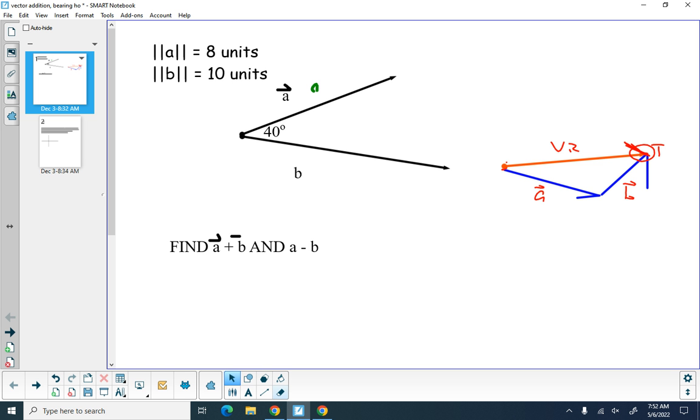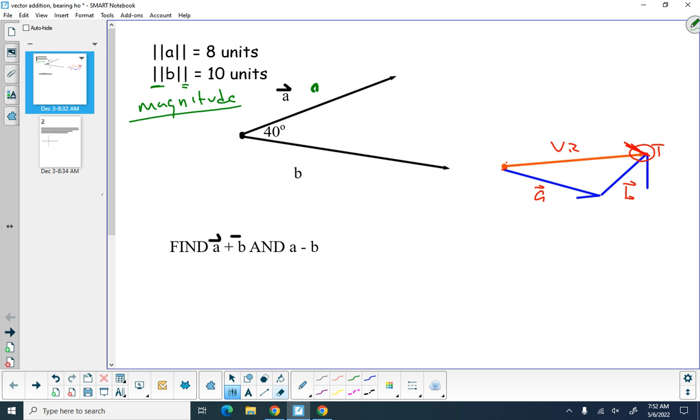we have two vectors, A and B, connected at their tails here. We have the magnitude, and how we signify magnitude is a double absolute value. The magnitude is the length of the vector, and once again, it depends on what book you're looking at.